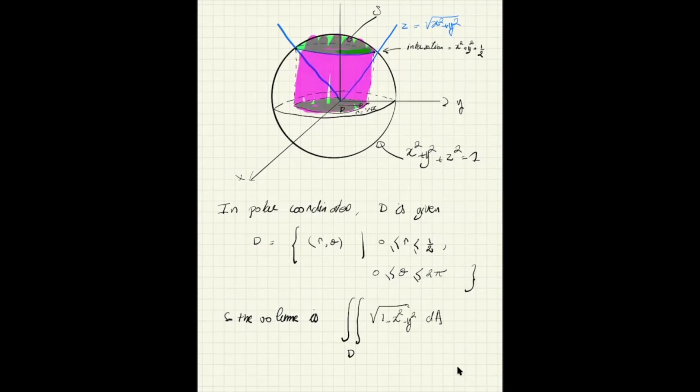And then you have to subtract the volume under the cone, right? And I'm using the color, and I hope that's not going to be ugly.